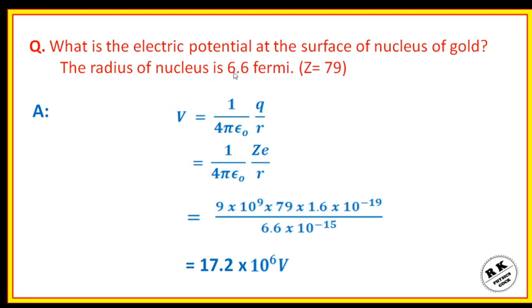The radius of the nucleus is 6.6 Fermi. We know that Fermi meter is equal to 10 to the power of minus 15 meter. On substitution and simplification, we get the value of potential as 17.2 times 10 raised to 6 volts.